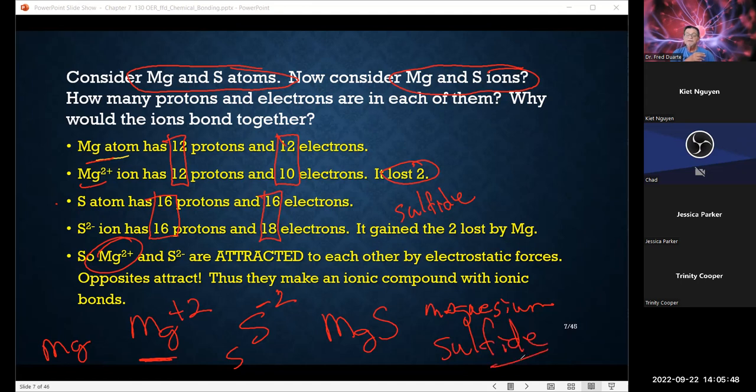Notice something. I didn't say sulfur, okay? Magnesium sulfur would be incorrect in the name because the sulfur became sulfide. For all the nonmetals, when they become ionic, we change the name and add the suffix -ide.